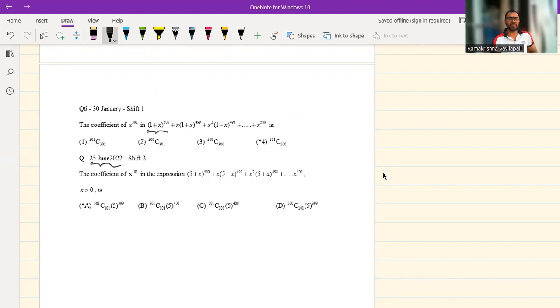This is the first term. Second term by first term, the ratio you will get is x by 1 plus x. Third term by second term, again you will get x by 1 plus x. So the common ratio is x by 1 plus x, and these terms are in GP.